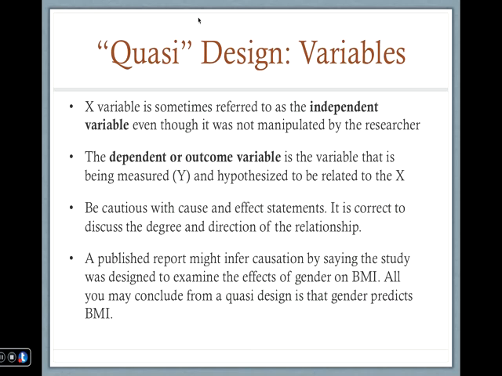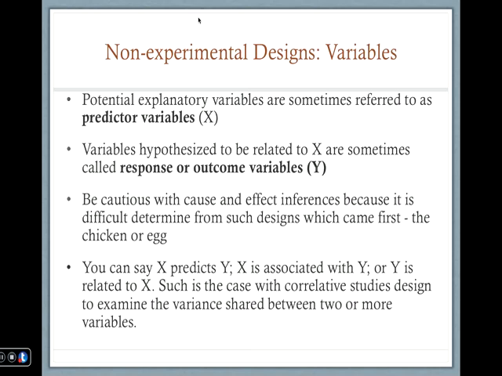In quasi-experimental designs, the X variable is often referred to as independent, even though it's not manipulated. The Y variable is frequently called the dependent or outcome variable. And again, be cautious with cause and effect statements.